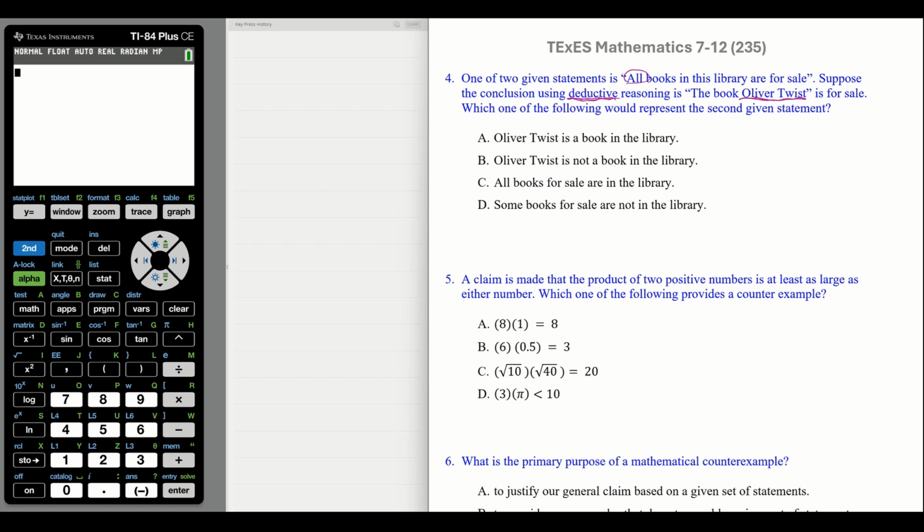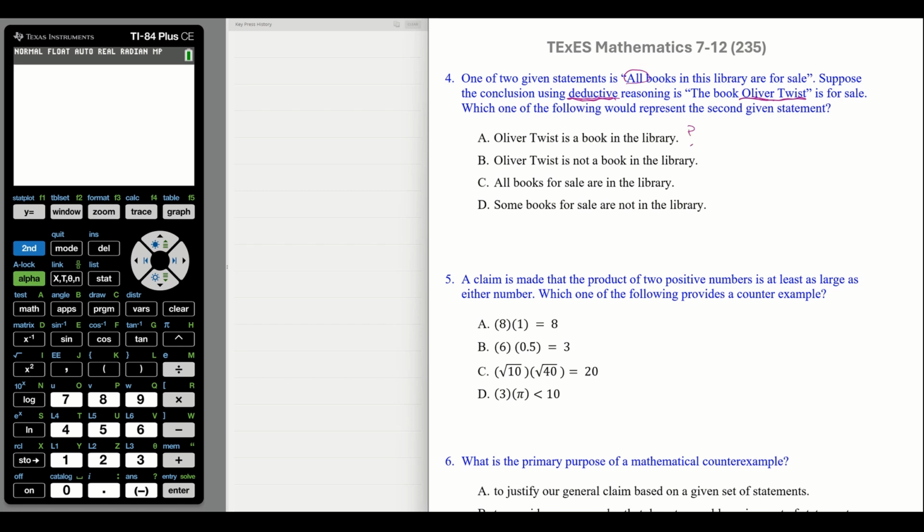So in between, something has to connect for this last statement to be true. So here are your options. Oliver Twist is a book in the library. Okay, all books are in the library. Oliver Twist is for sale. Okay, that one makes sense.